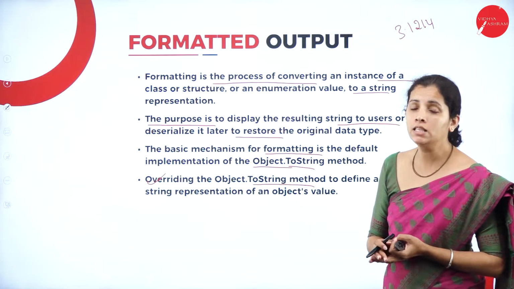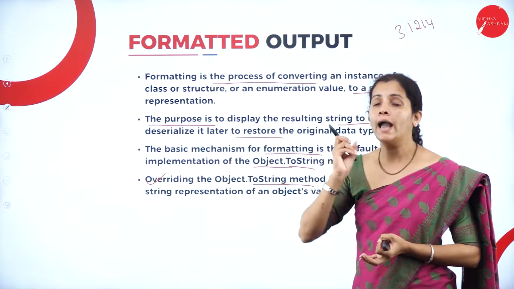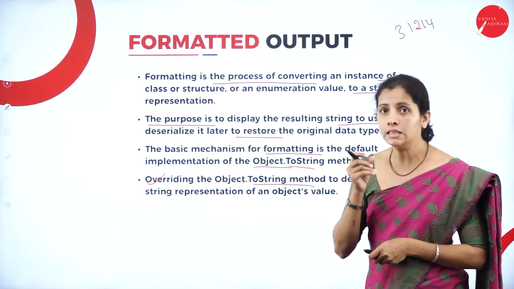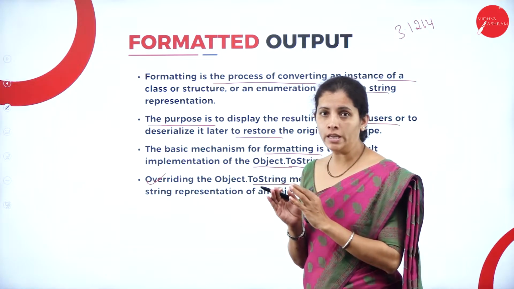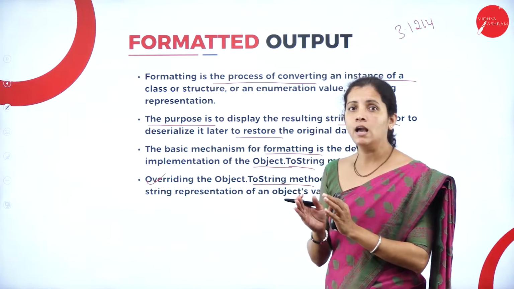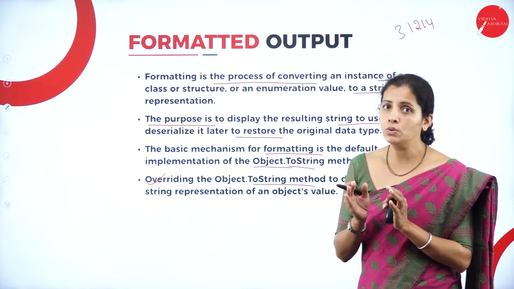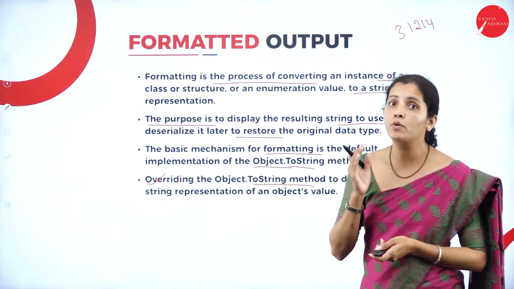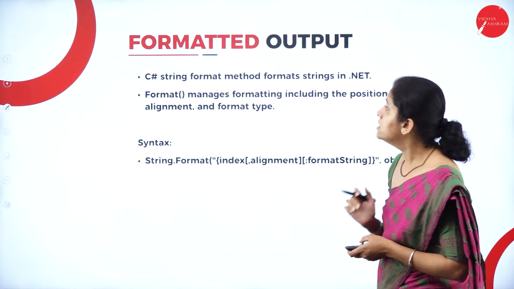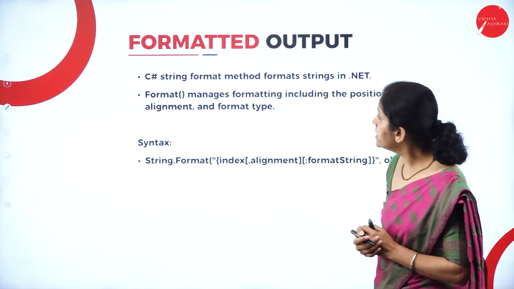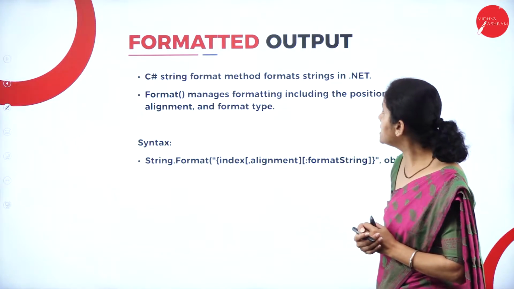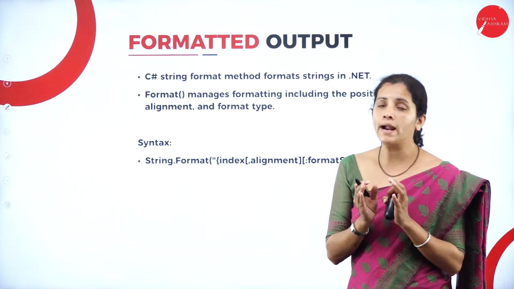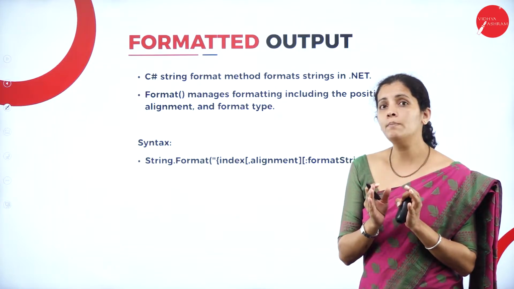So dear student, in C# formatted output, I am able to format my output according to my wish. In the sense, whatever input I read is in the form of a string, and I convert that into the equivalent data type and align the output in some proper manner. Now, in C# the string Format method formats strings, that means I am able to format this string by using a method.